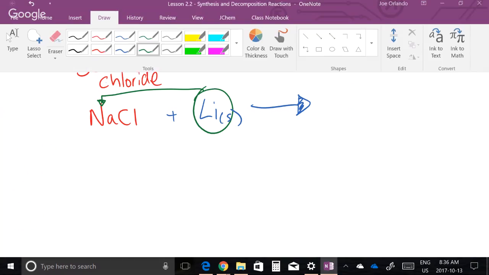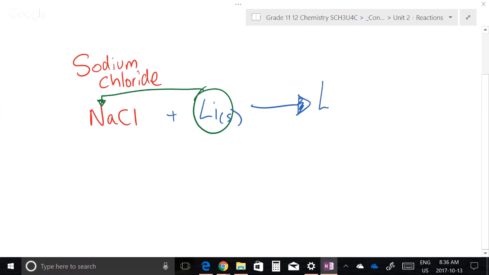And we would get, instead, lithium chloride. And lithium chloride has what formula? What charge does lithium take? And chlorine takes what charge? -1, so we would get LiCl. Good. And what else will I have? Very good. Does that make sense?